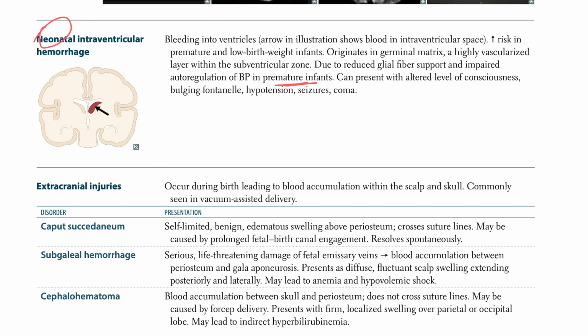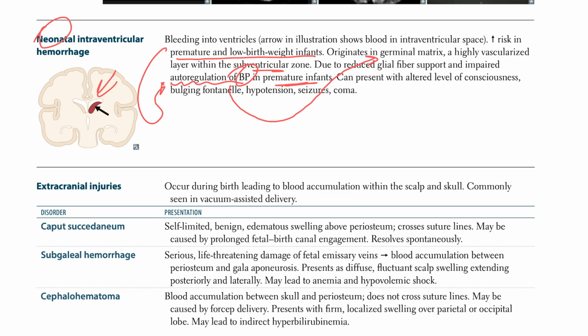So let's just quickly review this. Premature low birth weight infant, there is no proper autoregulation of blood pressure that causes the germinal matrix, which is under this ventricle, to bleed into the ventricles.